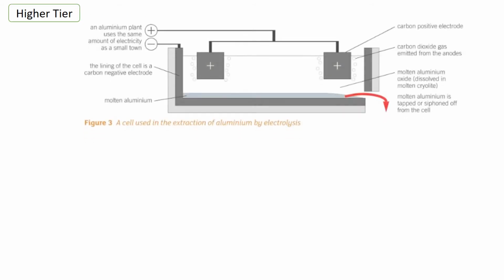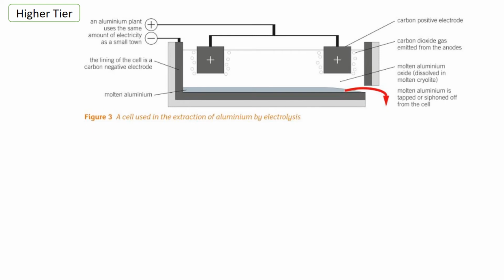So here we have aluminium. The extraction of aluminium is key, and we basically make aluminium from bauxite, liquid, and so the aluminium oxide is dissolved in cryolite, and the outside casing of my vessel is my negative electrode, and that negative electrode will begin to break down over time, and so will the positive.